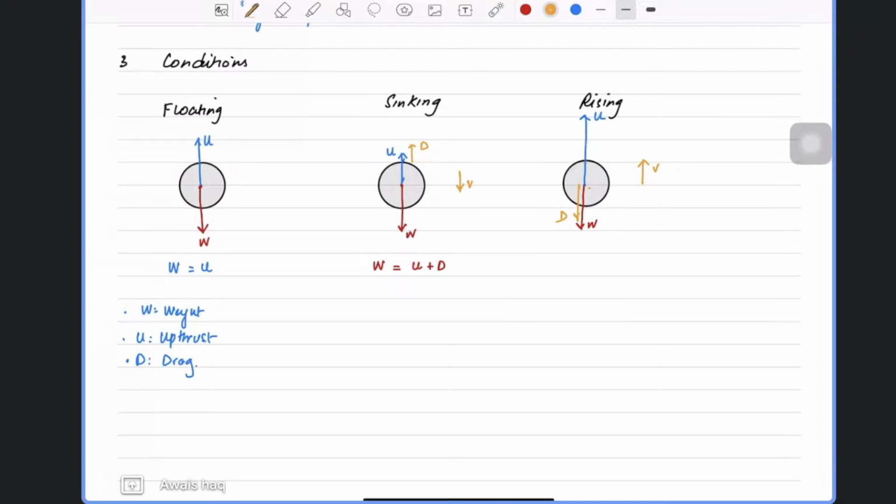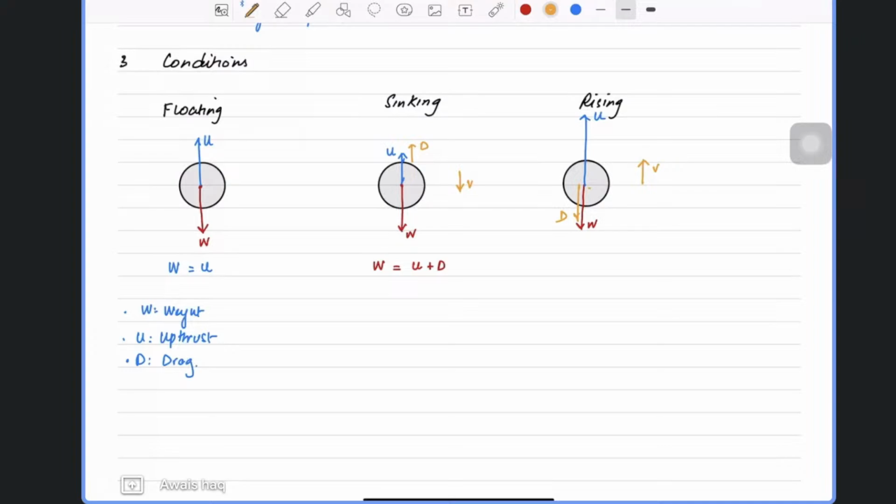You have a question? In the sinking option, if weight is equal to upthrust and drag, how is it going downwards? They are equal, but they are being balanced by the drag.